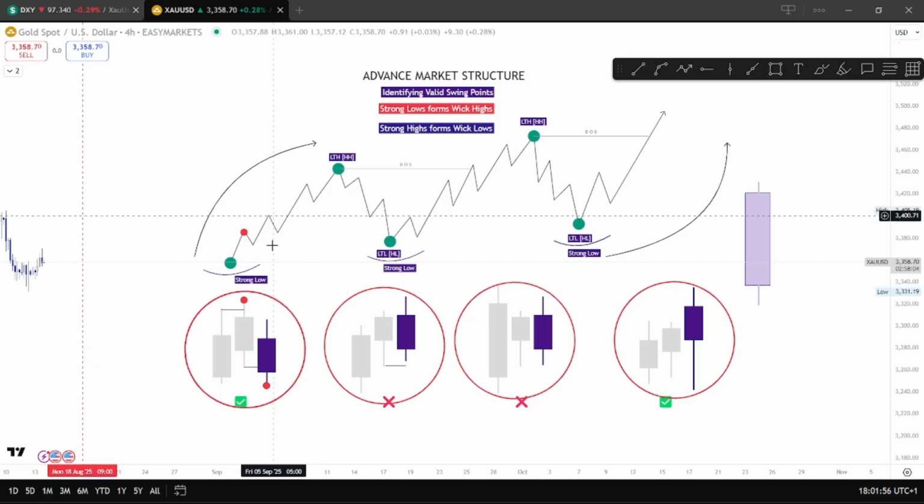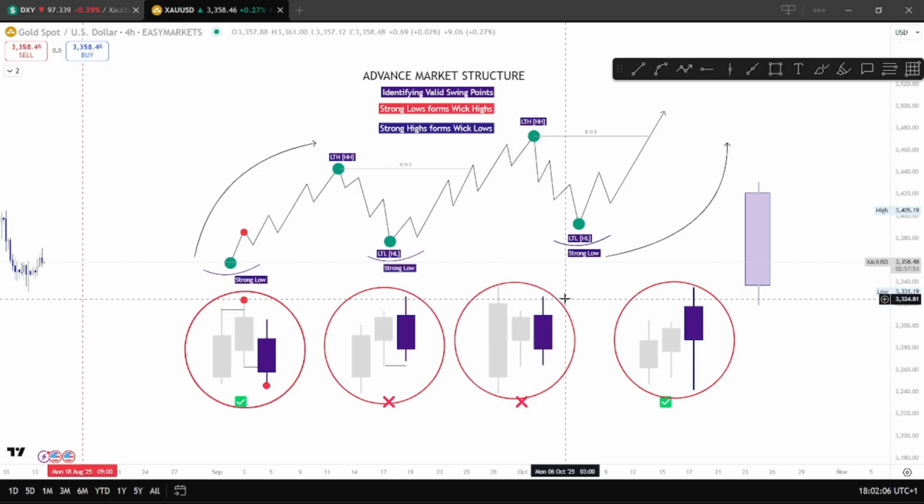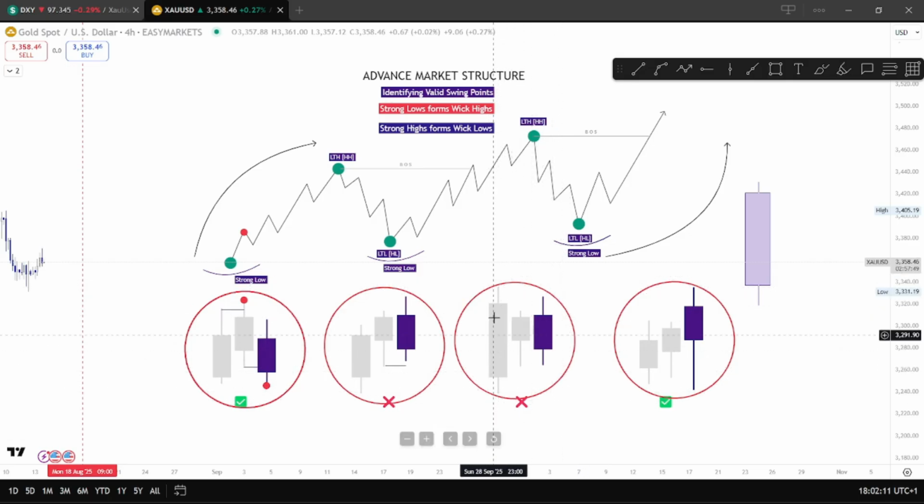If you look at the third diagram, it would have been a pullback, but if you remember in the candlestick anatomy where we talked about inside bars, that is what disqualifies this from being a valid pullback. Why? Because it is an inside bar. So all these candlesticks are considered to be one candle here.